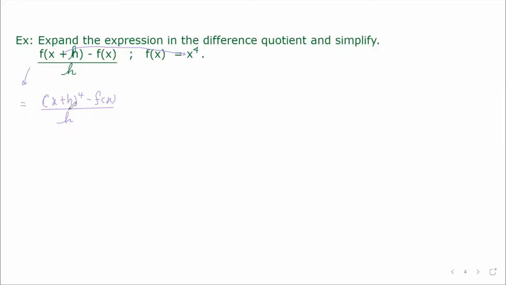After this you just use the binomial expansion, doing this one first and then simplify. For example, we go together here.